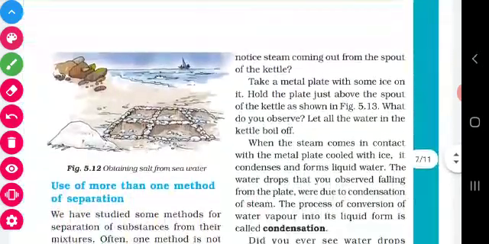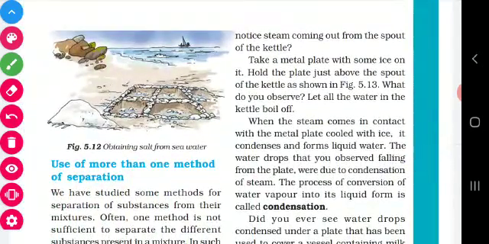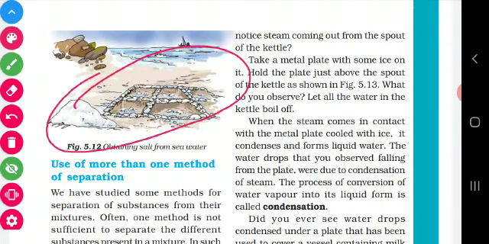Take the next figure. See figure 5.2. This is the shallow pit. The seawater is allowed to stand in the shallow pits for some days. What happens? Sunlight is there. By the action of sunlight, water gets evaporated into water vapor and the salt is left behind in the pit itself, as crystals.